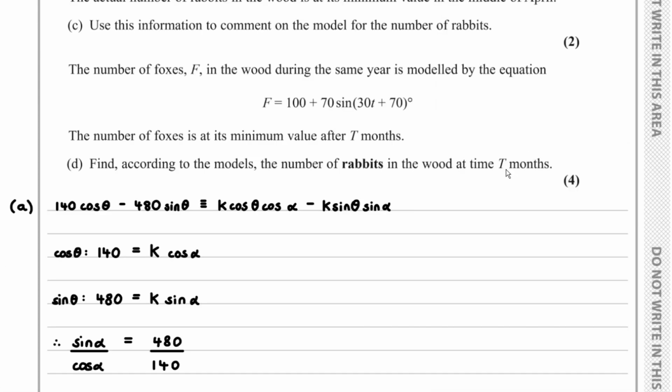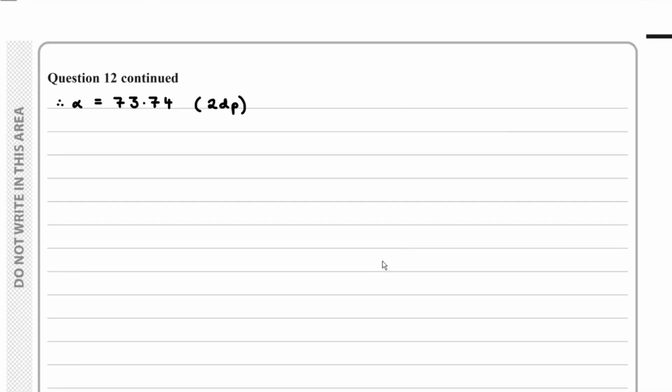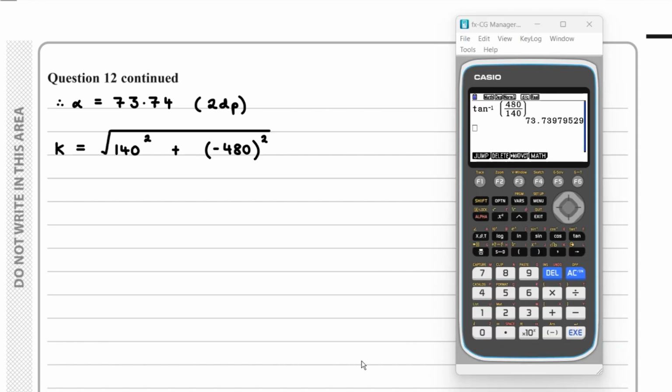We can find the value of k using Pythagoras. k is equal to 140 squared plus negative 480 squared, all square rooted. So we have the square root of 140 squared plus negative 480 squared.